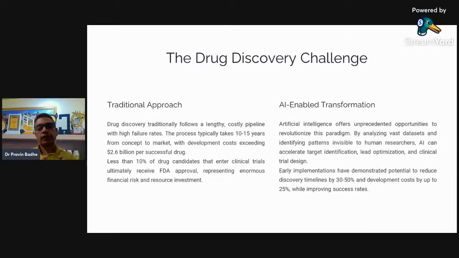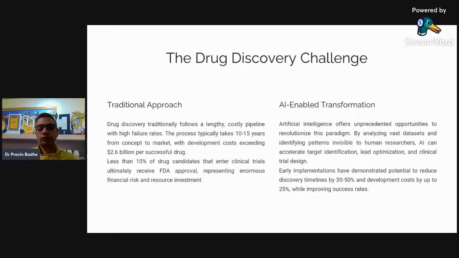And with AI enabled transformation, the data which is there in the public domain is actually utilized to identify patterns, and based on that, target identification, lead optimization, and also clinical designing are now being done by AI enabled procedures.